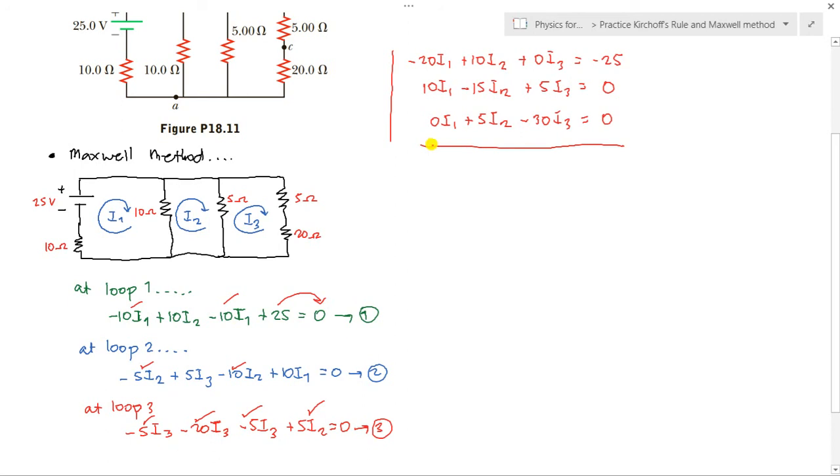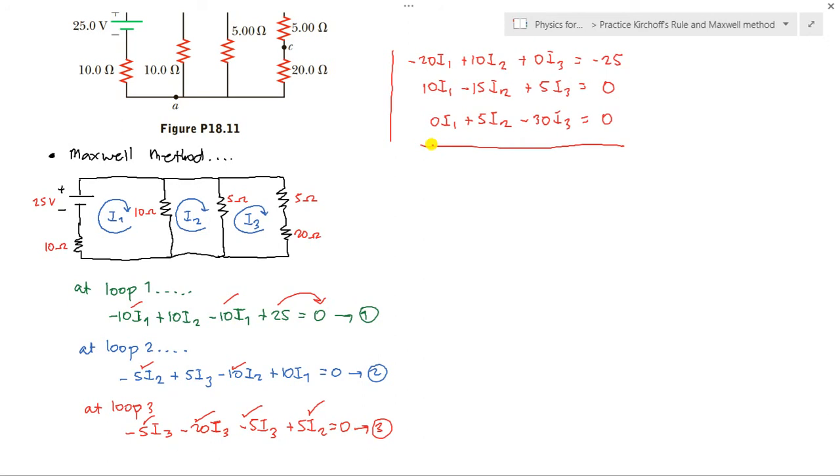So, ato na po siya i-solve, sa akong solver. So, input atong coefficients, negative 20, 10, 0, negative 25. We have 10, negative 15, 5, 0, 0, 5, negative 30, and 0.